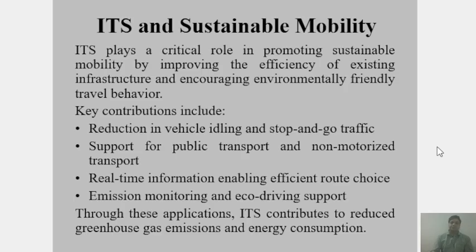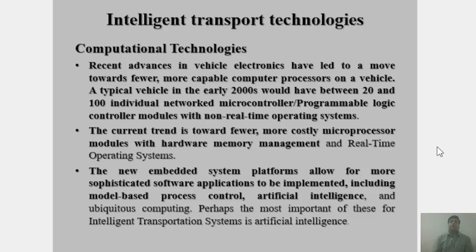the energy consumption. So coming to the computational technologies used in ITS. The recent advances in vehicle electronics have moved towards fewer, more capable computer processing units on a vehicle. A typical vehicle in the early 2000s would have between 20 and 100 individual network microcontrollers or programmable logic modules with non-real-time operating systems.